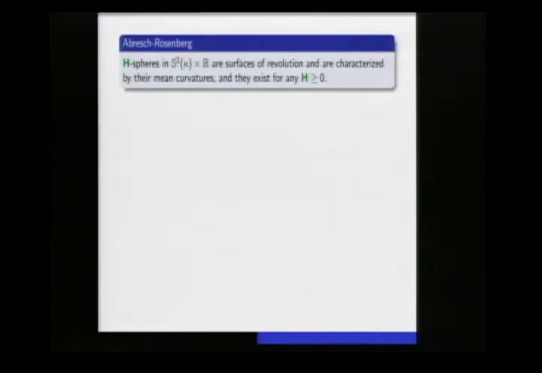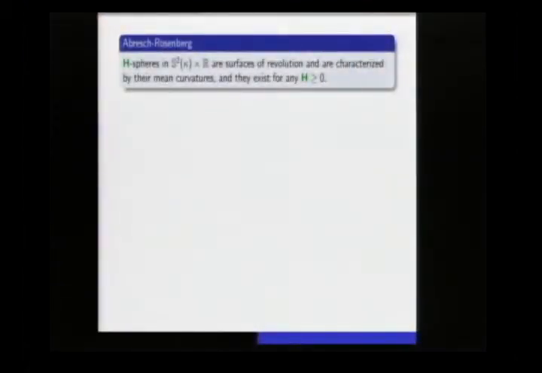Okay, so we have this result of what are the two-spheres of constant mean curvature in S2 cross R, and it turns out they're all embedded, but they don't converge real nicely to the minimal two-sphere. So the minimal two-spheres are the level sets of the different spheres at different heights, and somehow the constant mean curvature spheres kind of cover it in not such a nice way.